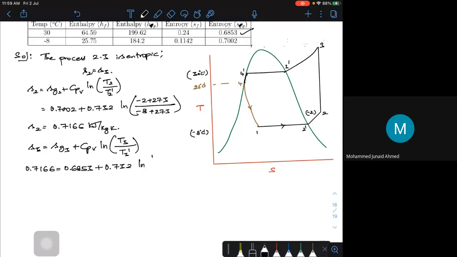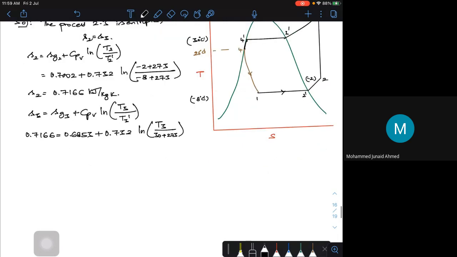0.732 into ln of, I don't know the value of T3, but I know the value of T3 dash, which is 30 degrees Celsius, that is 30 plus 273. If I do that, I get my T3.